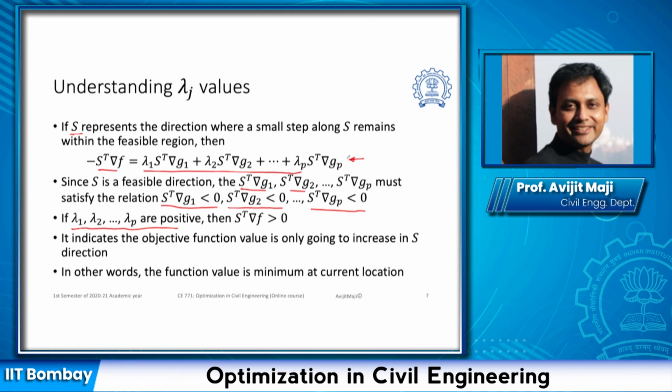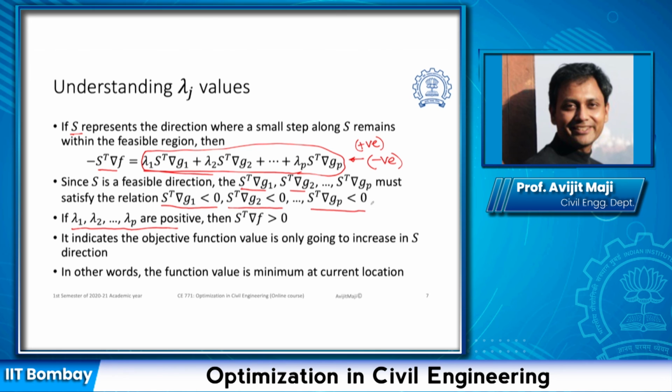Then this expression, the right hand side of the equation, we can say for sure is going to be negative. If the lambdas have all negative values, then this is going to be positive. So first let us examine what is going to happen if all the lambdas are positive.